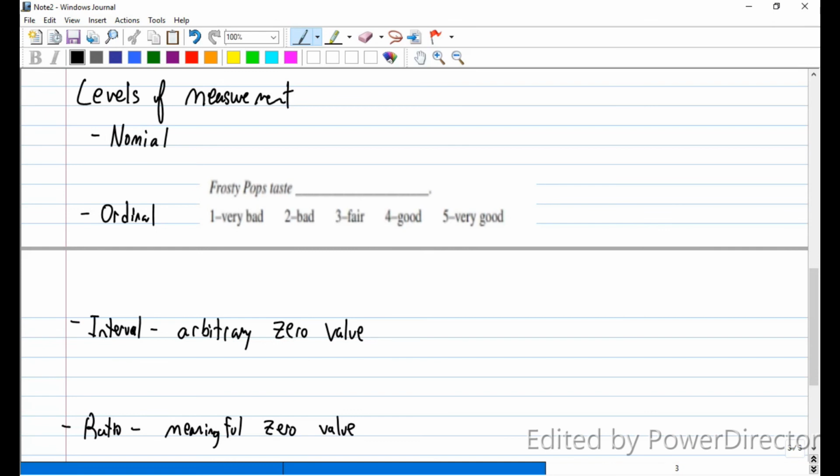Can we think of some other arbitrary value other than temperature? Because that's always the example that's given, temperature, the arbitrary 0. One that I had thought about is if we start talking about calendars, the year 0.